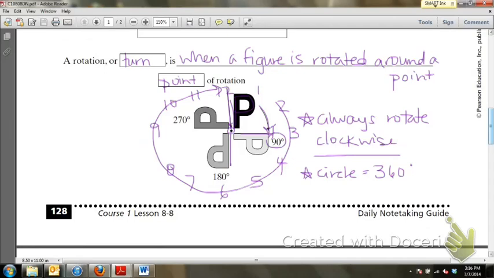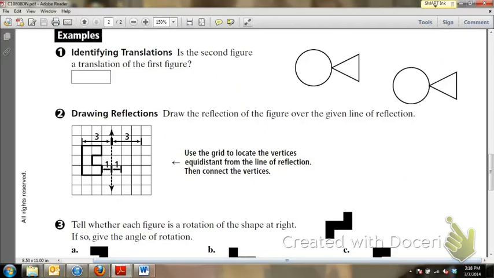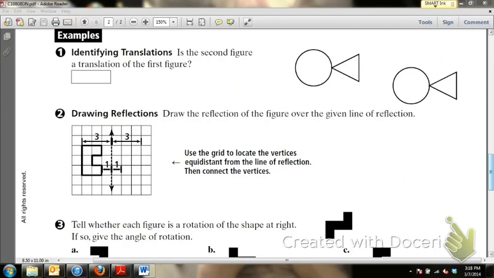Now, we've got to take a look at what happened here, and we have to say what type of transformation this is. Well, first, yes or no, is it a translation? Translation means slide.